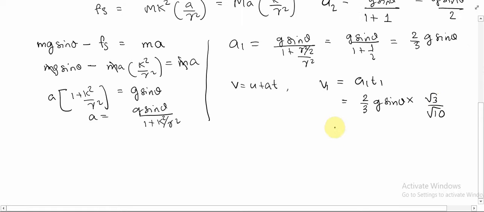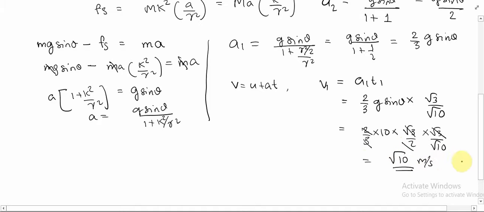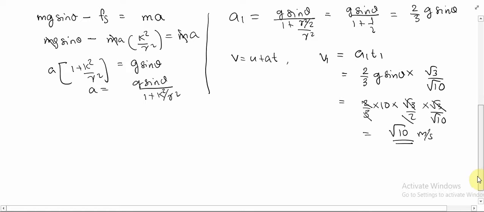Now just substitute the values. 2 by 3 into g is 10, sin 60 is root 3 by 2, into root 3 divided by root 10. So 3 and root 3 get cancelled, 2 and 2 get cancelled. Now 10 divided by root 10, so this v1 will be root 10 meters per second. So we have got v1.